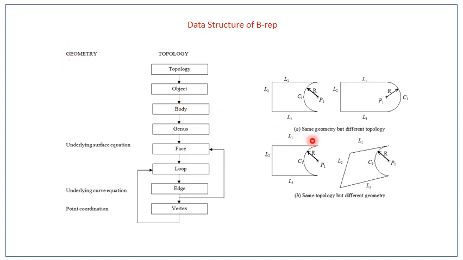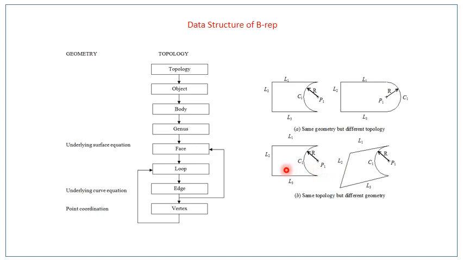So here you can see the same geometry but different topology. Here same geometry is nothing but a rectangular box with an inside semicircle, and here a rectangular box with an outside semicircle, which is nothing but same geometry but different topology. Here this semicircle is reversed in this object, but in case of this example, same topology but different geometry.